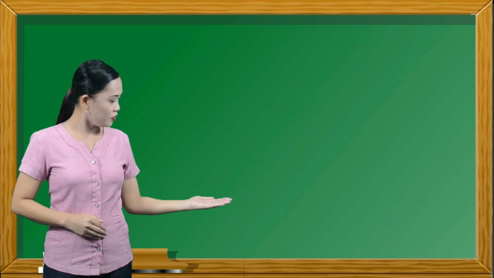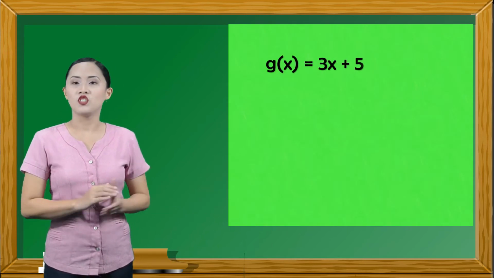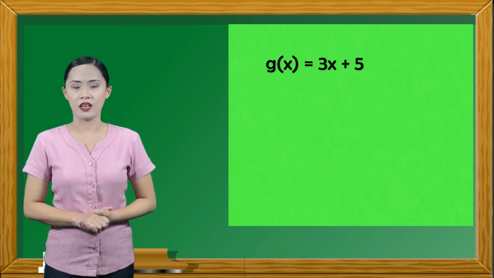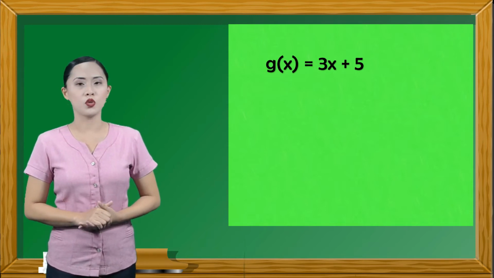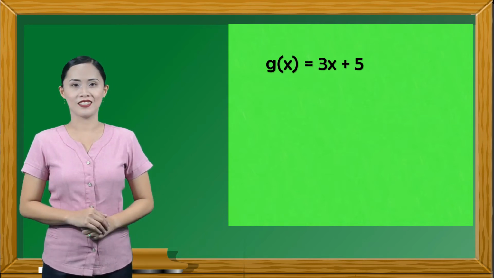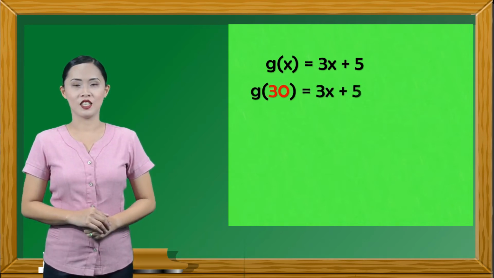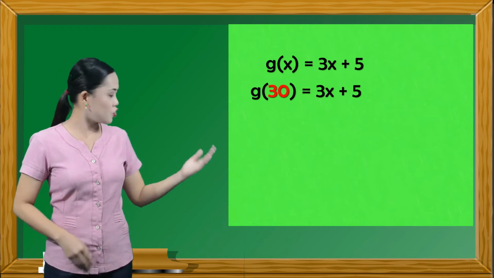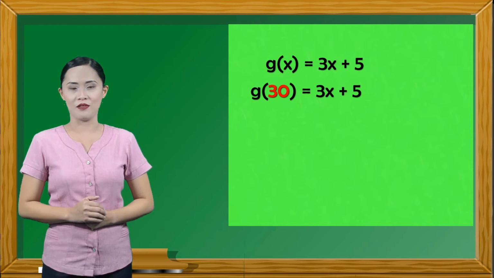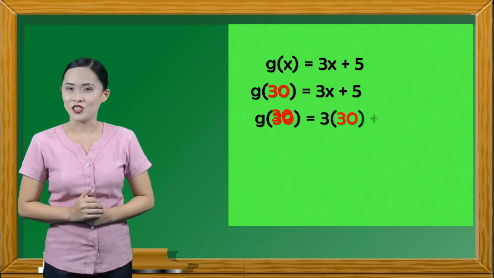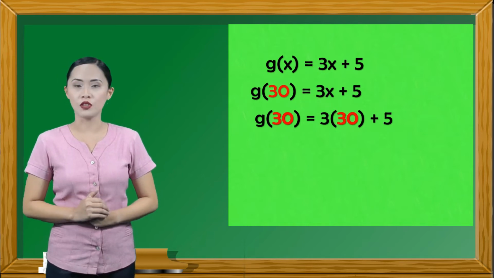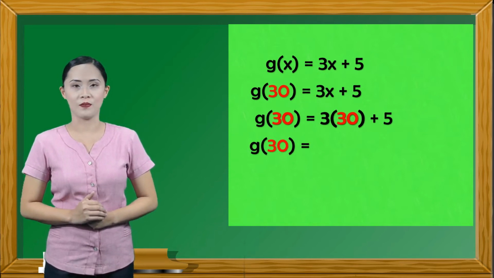And for Neo, g of x equals 3x plus 5. We substitute 30 days for x. Now we have g of 30 equals 3x plus 5, or g of 30 equals 3 times 30 plus 5.